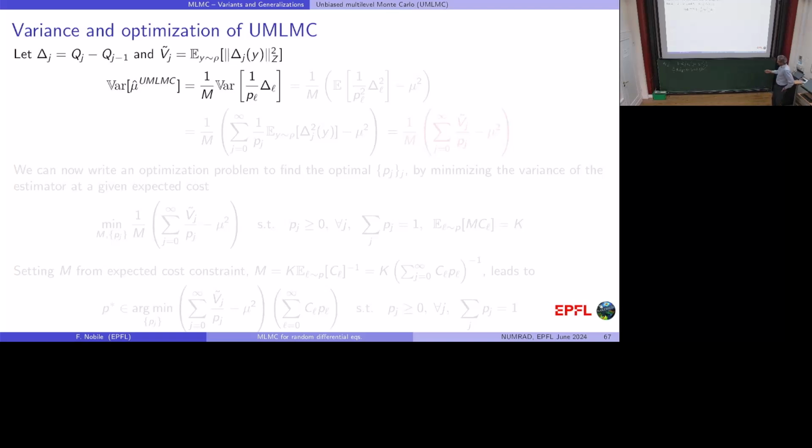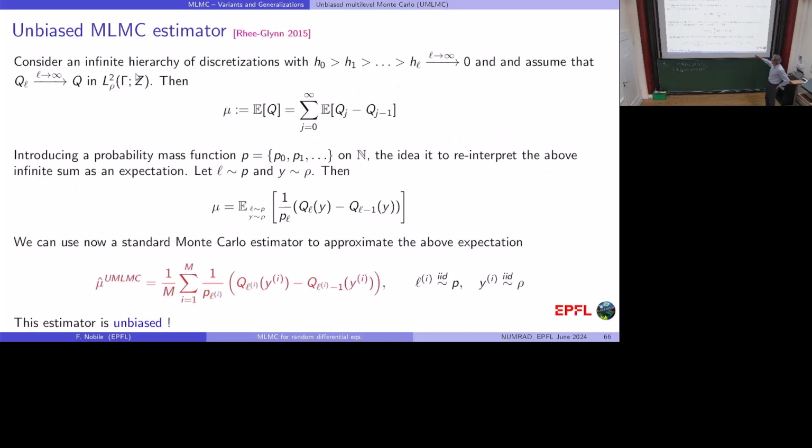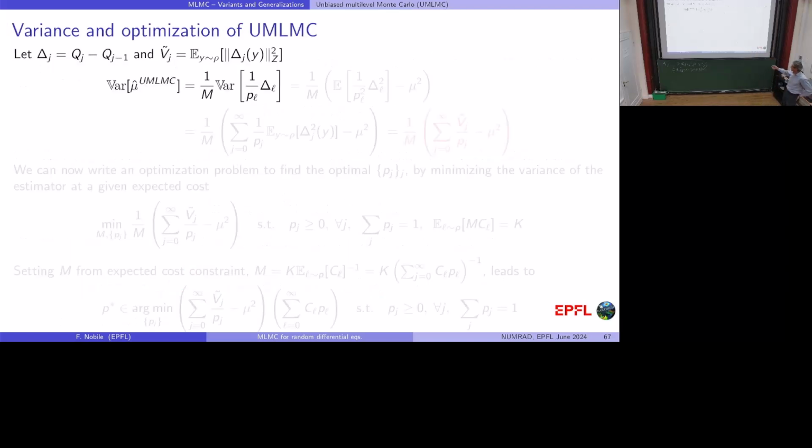That's the detail. Okay, so let's look at the variance of this new estimator. So the estimator is unbiased, so the mean square error is just the variance. So the variance of this estimator, again, this is a standard pure Monte Carlo estimator, okay? So with independent realizations, the variance of the estimator is just the variance of the quantity itself, delta L over p_L, divided by the sample size, okay?